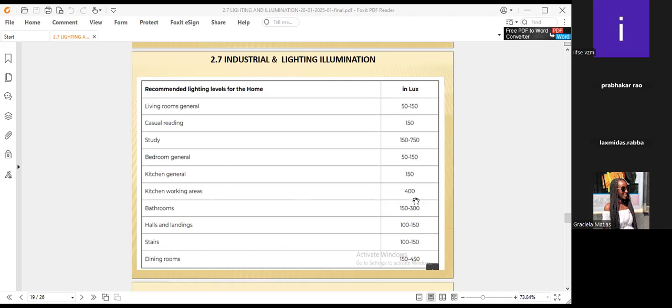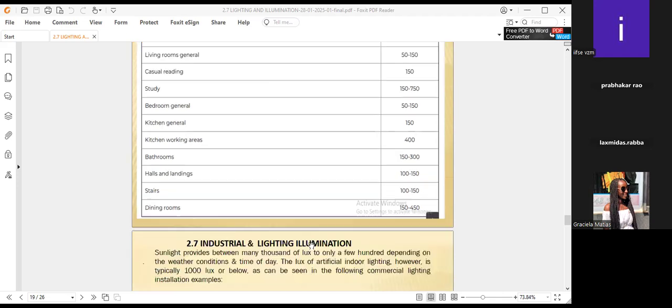Where the kitchen working area is there, more lux is required because the safety requirement is more: gas cylinders are there, lighters are used, and therefore flammable things are there. That's why lux is recommended more for kitchen working areas compared to kitchen general. Bathrooms, halls and landings, staircases, and dining rooms also 150 to 450.